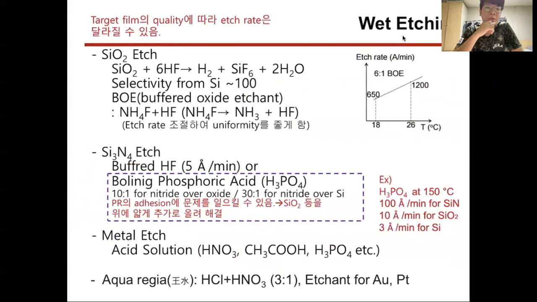And when we etch the silicon dioxide, we use hydrogen fluoride, and the hydrogen fluoride can also etch the silicon. However, it reacts very fast, so we use BOE, buffered oxide etchant.